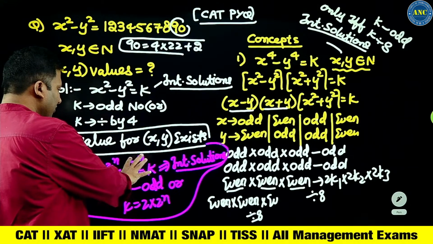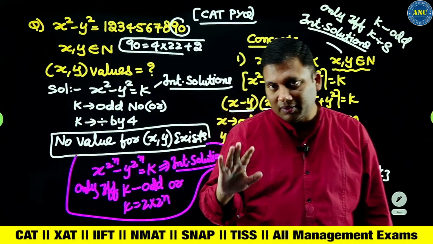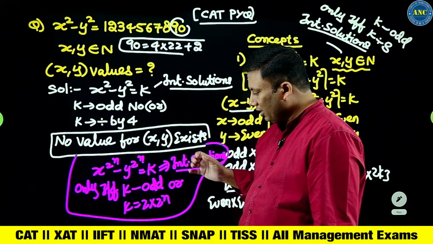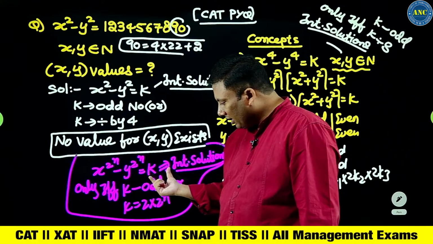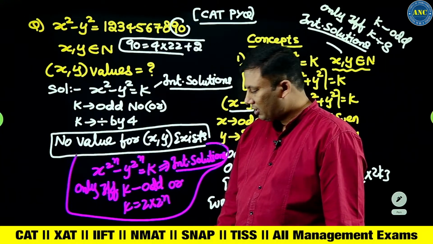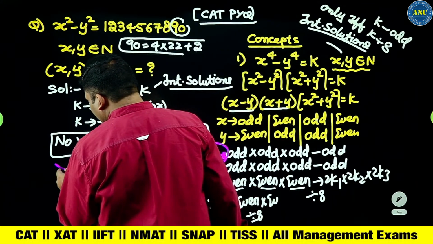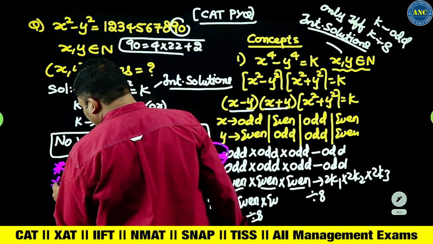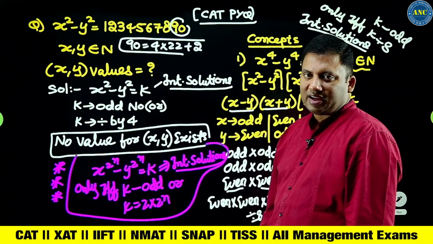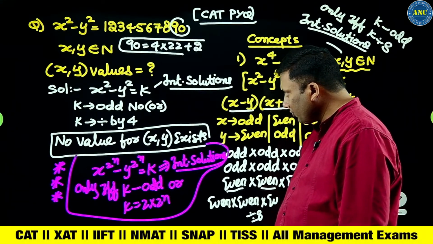If the equation is of the form x power 2 power n minus y power 2 power n equivalent to k, then the right hand side is either an odd number or of the form 2 into 2 power n. Very, very important concept. I hope the idea is very clear to you.